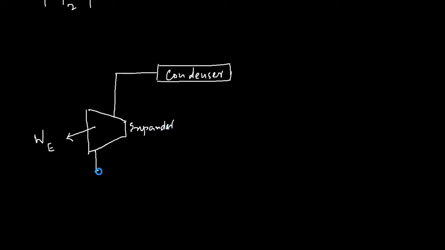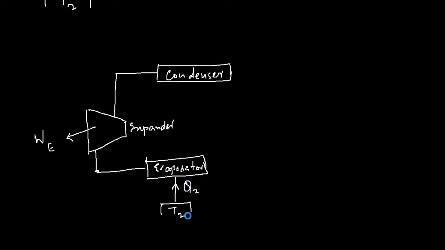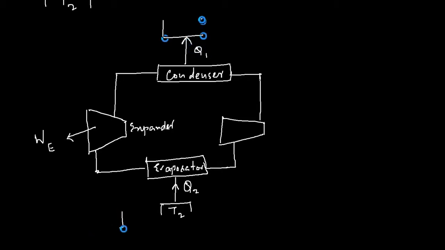Then it moves to an evaporator here, where it absorbs heat from a body at a low temperature, say T2, and from here it goes to a compressor, and from the compressor it goes into the condenser, and in the condenser it rejects the heat Q1 to the body which is at a high temperature T1.